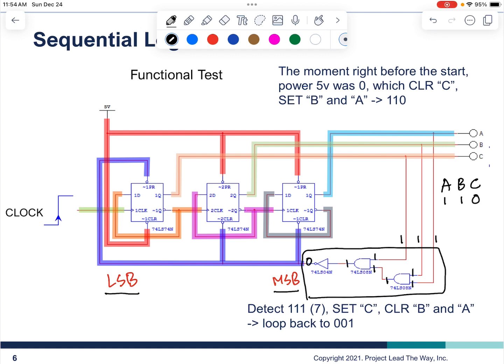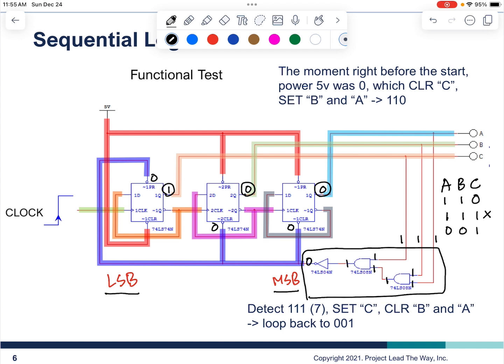So that 0 will set the C, will clear the B, and clear the A. So the moment the circuit sees output 1, 1, 1, almost immediately, with a very short pause you almost cannot see, it will output 0, 0, 1 almost right away.